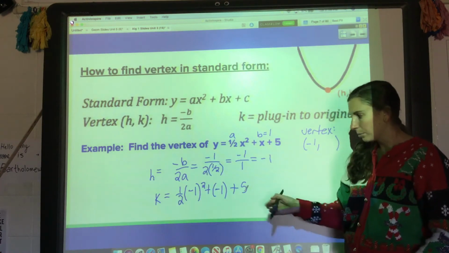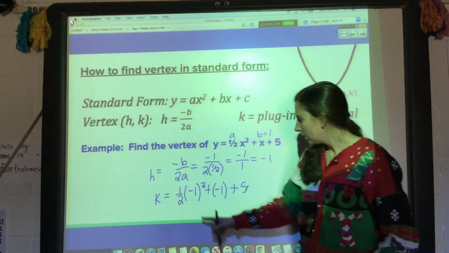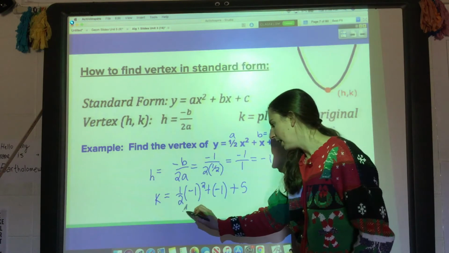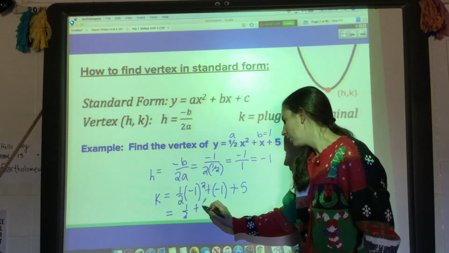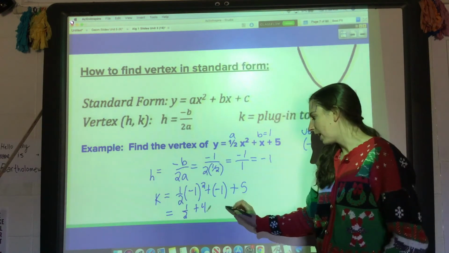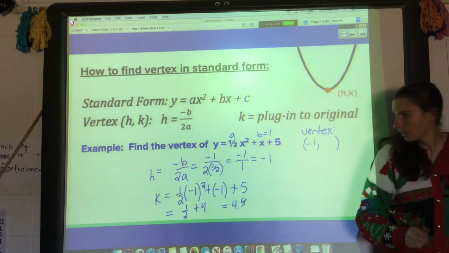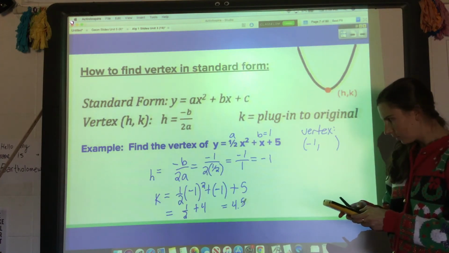Now you can put all that in your calculator if you want, or do it by hand. Negative 1 squared is positive 1, and 1 times a 1/2 is 1/2. And negative 1 plus 5 is plus 4, so it would be 4.5 here. If you want to check with your calculator, you can: 0.5 times negative 1 squared.